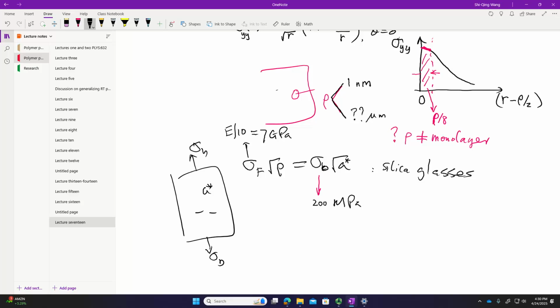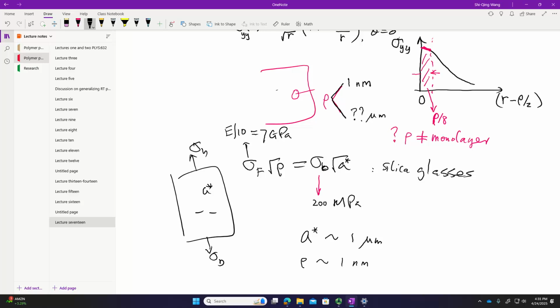I once offered you that your window glasses probably have defects on the order of 1 micron. Now I offer you the information your rho is something on the order of 1 nanometer, give and take.